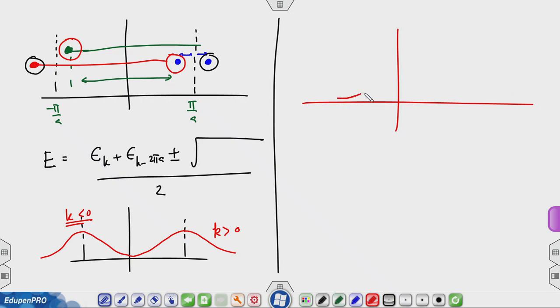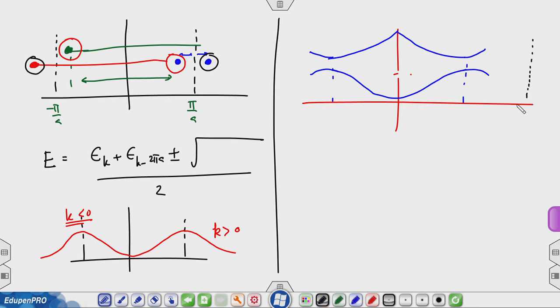Showing it again, I am getting energy like this. This is the Brillouin zone, and then it starts like this. For the upper band, you will get an energy like this, and then it repeats until you hit the next point, which is the second Brillouin zone.